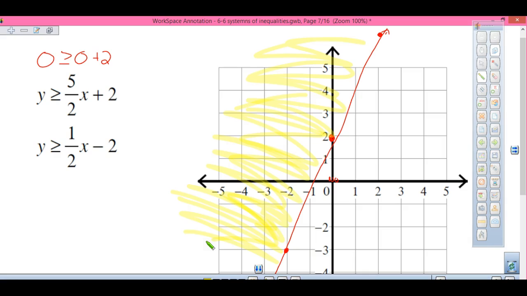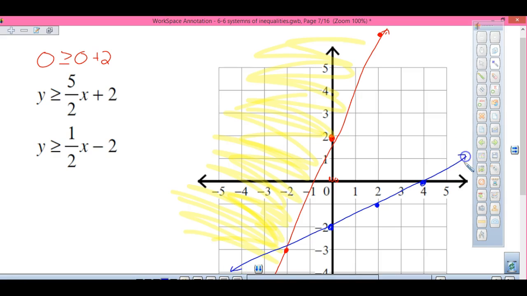Now, when I switch to my other equation, where is my starting point? Negative 2. And what do I do? Up 1 over 2, up 1 over 2. Dashed or solid line? Solid line.